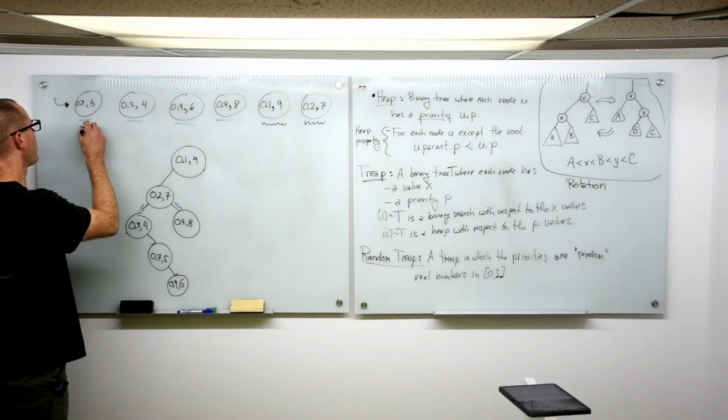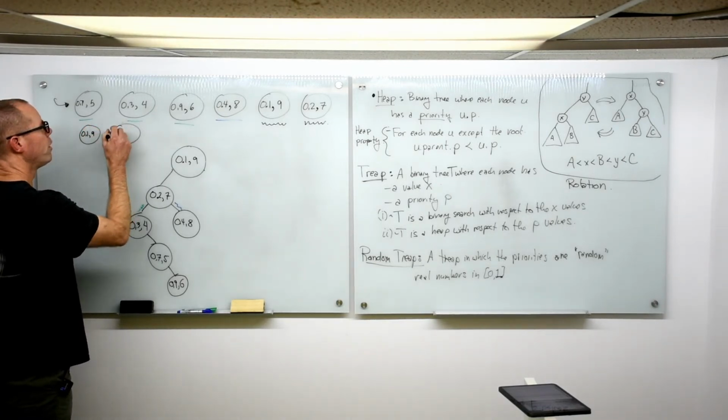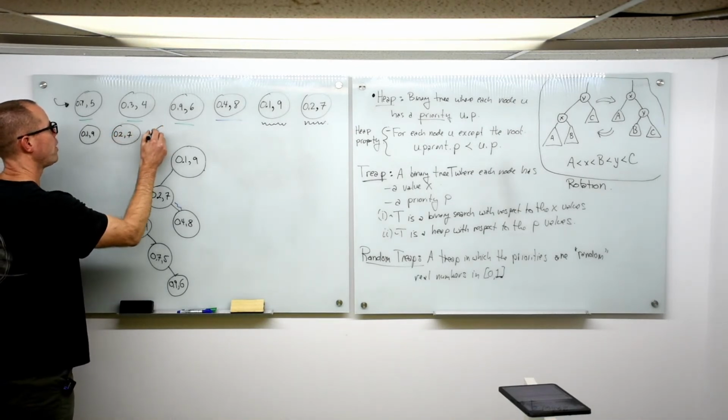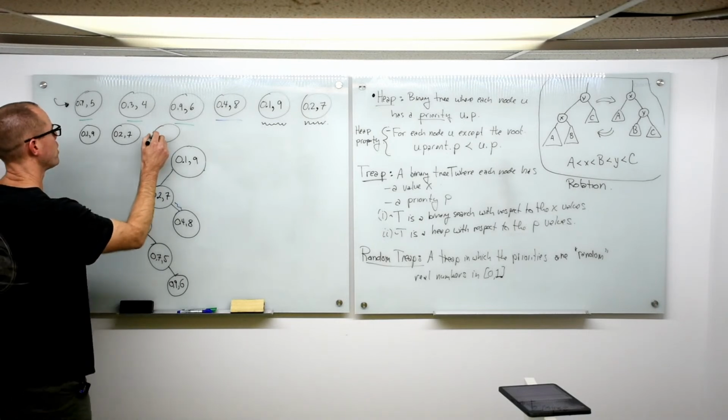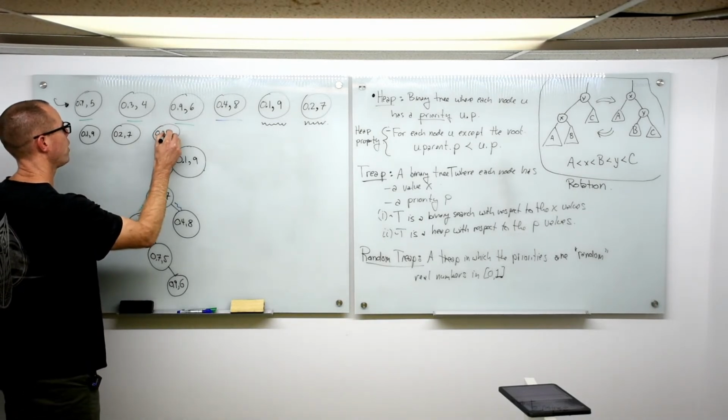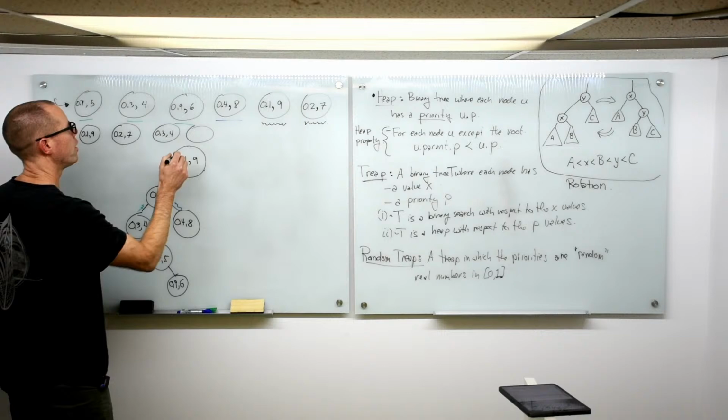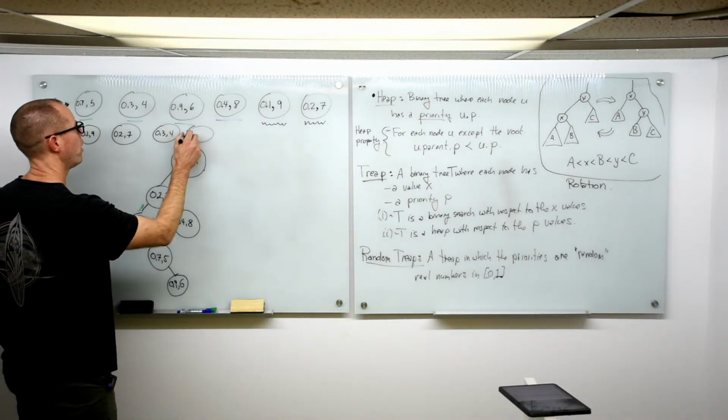So if I sort them by priority, the first one is 0.1, the next smallest priority is 0.2, the next smallest priority is 0.3, the next one is 0.4.